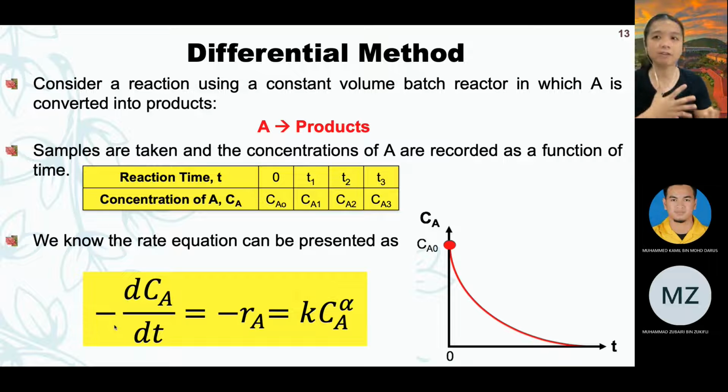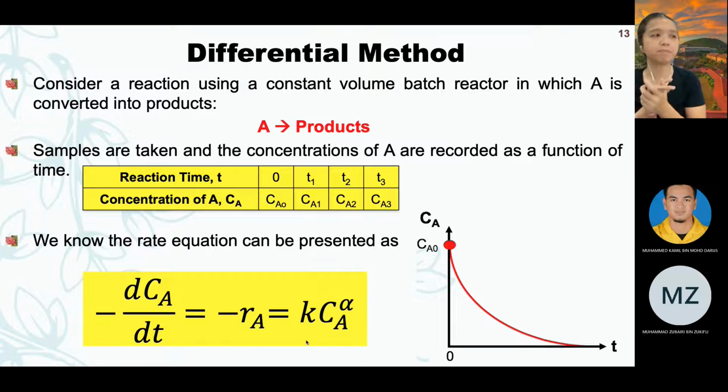That's why there's a negative in front to signify that the concentration of A must decrease with time during the reaction. Okay, so these changes of concentration of A with time is equal to our rate law, which is KCA power of alpha. K kita nak cari, kita tak tahu. Alpha reaction order kita nak cari, kita tak tahu.